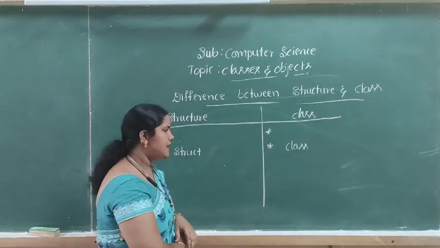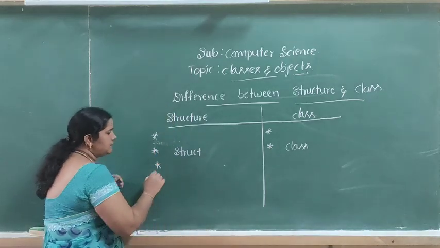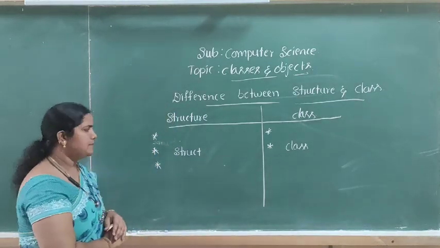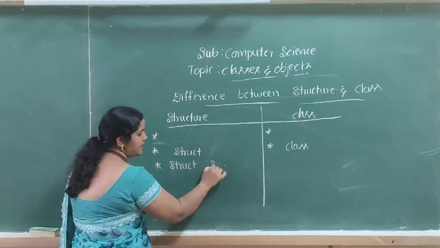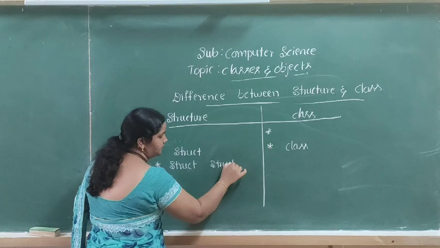For example, the general format of a structure can be written as: first we write struct, which is one of the keywords, and the structure name.